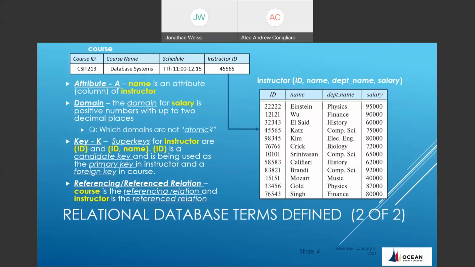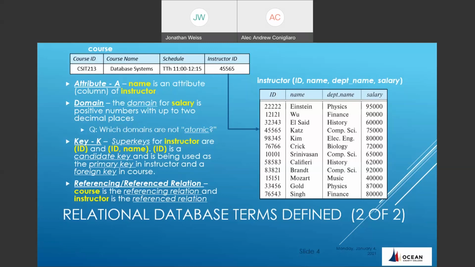So what I want to do is a select where instructor ID equals 22222.